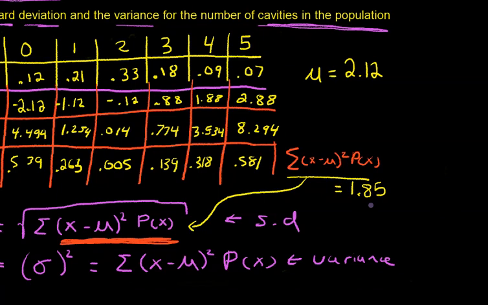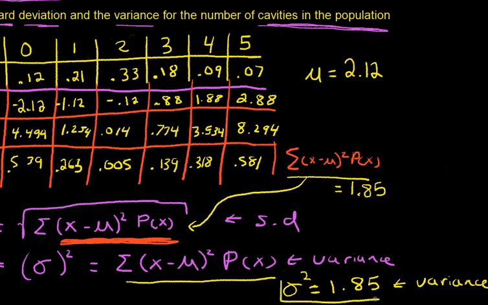That actually is the variance, the sum of the squared differences from the population mean times the probability of x. So sigma squared, the variance, equals 1.85.